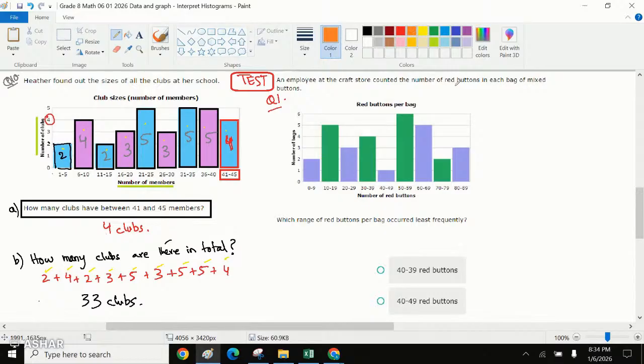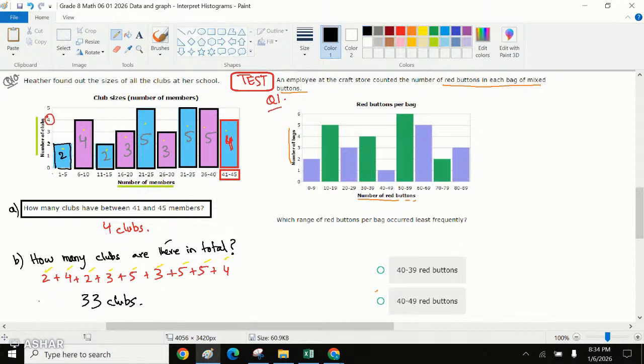So number of red buttons, number of bags. They had 0 to 9 red buttons in 2 bags, 10 to 19 red buttons in 5 bags, and so on, right?